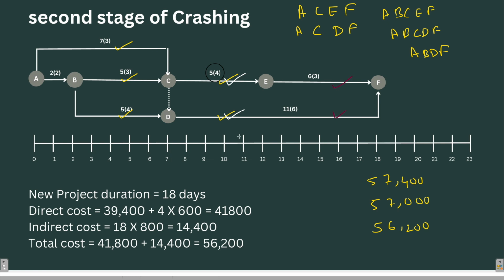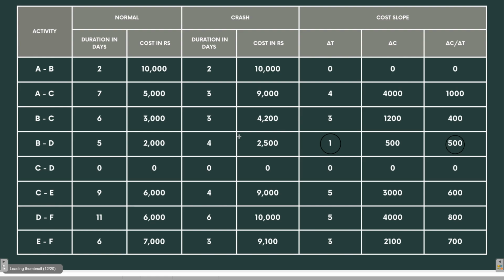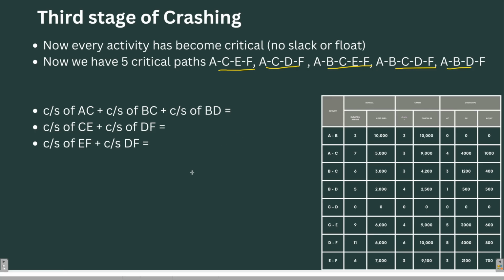So let's calculate out of these three which one has the least cost slope. First AC, BC, and BD. AC is 1000, BC is 400, and BD is 500. So it is 1900.